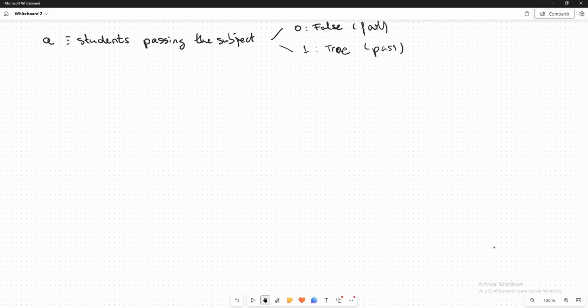So we are going to build a function with this natural language in which we calculate the students passing the subject. B is an input, that means the students, for example, that have studied, so they master the subject.